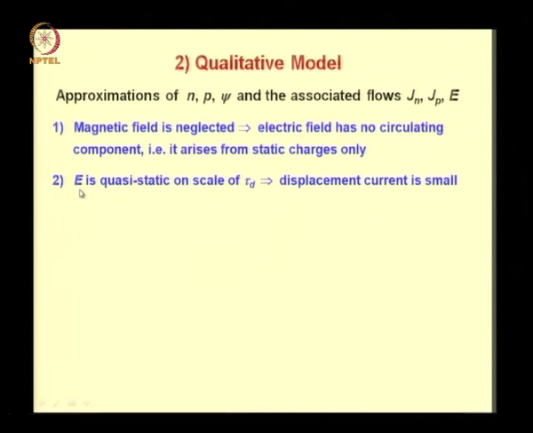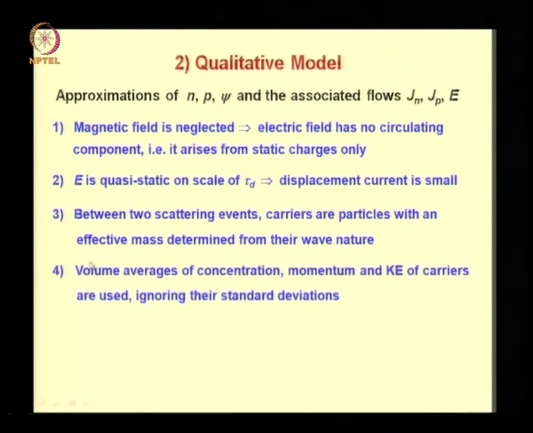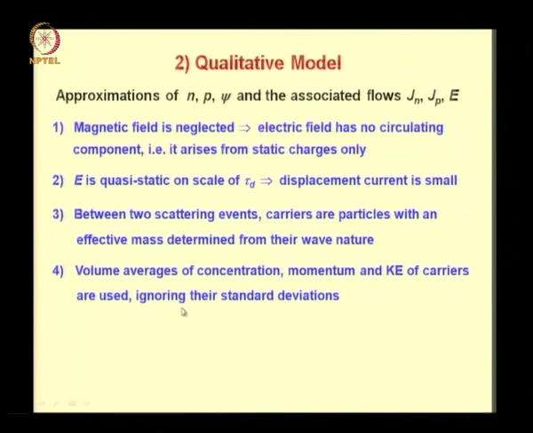Next, the electric field E is quasi-static on the scale of dielectric relaxation time, implying that the displacement current is small. Third, between two scattering events, carriers are particles with an effective mass determined from their wave nature. Fourth, volume averages of concentration, momentum and kinetic energy of carriers are used, ignoring their standard deviations.